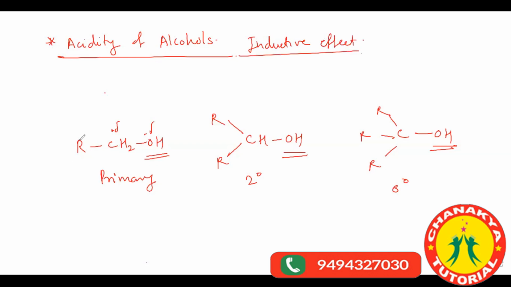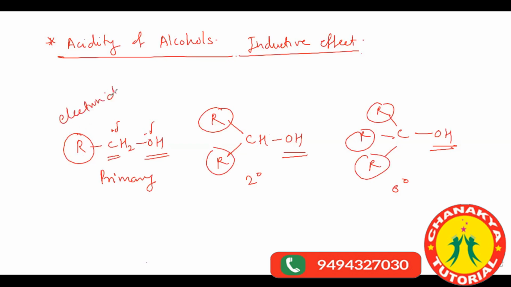If your alkyl groups increase, this is your first alkyl group, these are your two alkyl groups, and here three alkyl groups are present. If the alkyl groups increase on this carbon, it will give electron density towards this carbon, and because of that its positive character decreases and your bond becomes less polar. But it won't happen more in a primary.